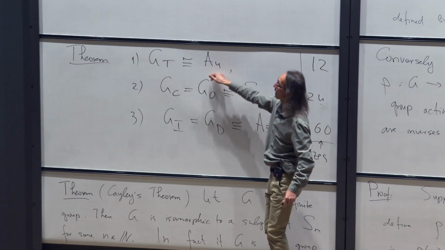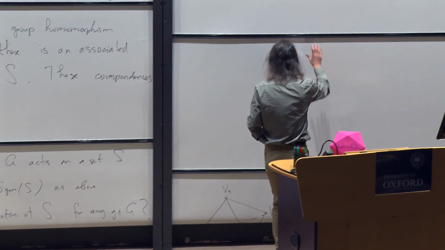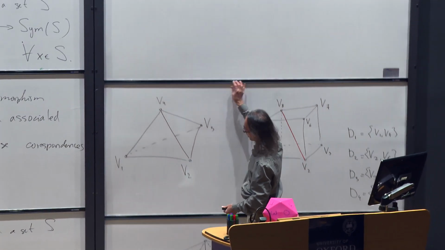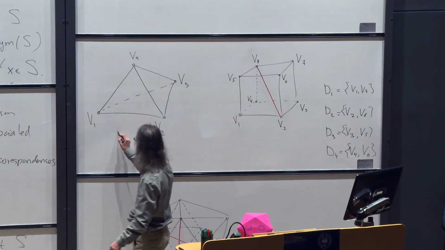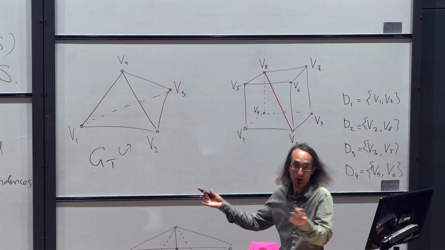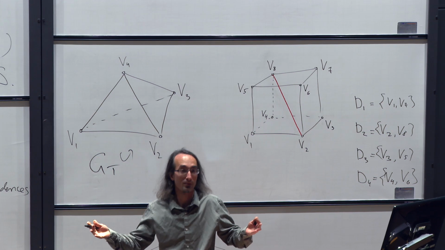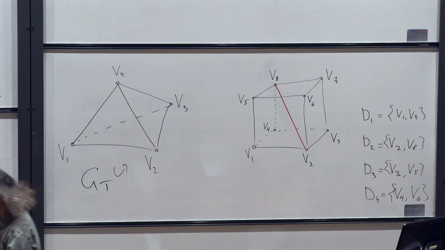Okay, A4. How do we get A4? Well, we have to act on 4 things, and we have the tetrahedral group. Right here is a tetrahedron, with its group acting on it. What should we act on? Well, obviously we have to act on the vertices. There are 4 vertices. Let's act on them.